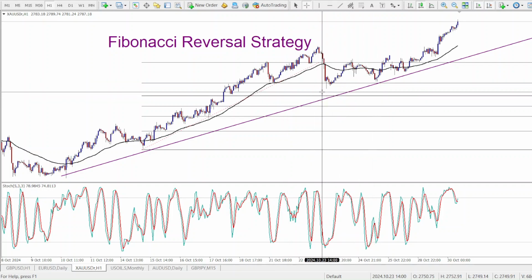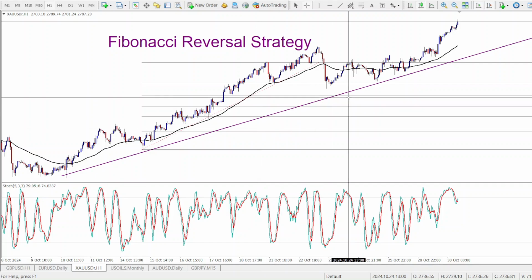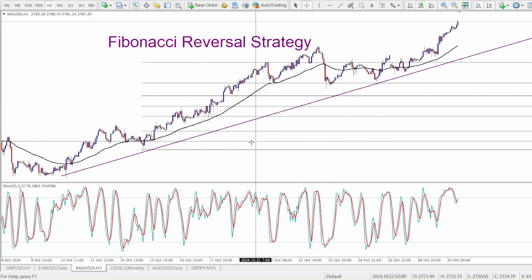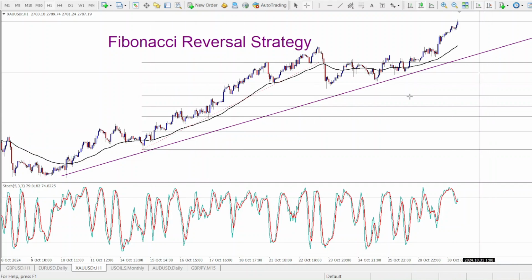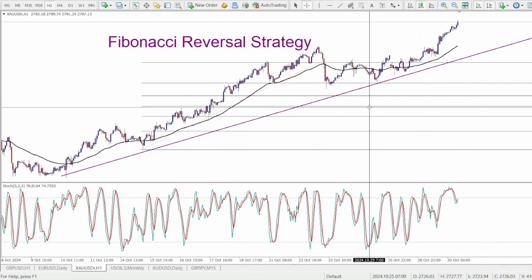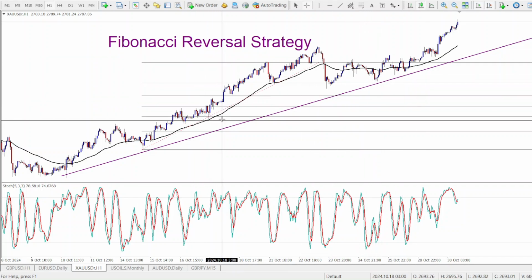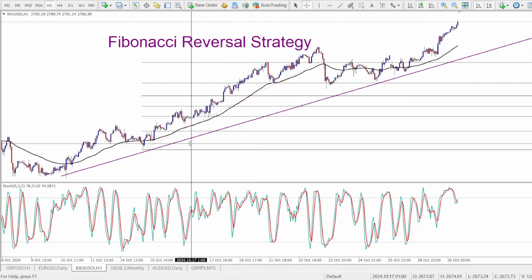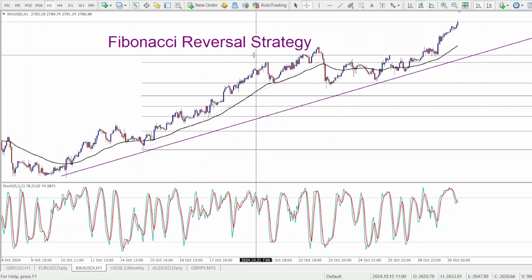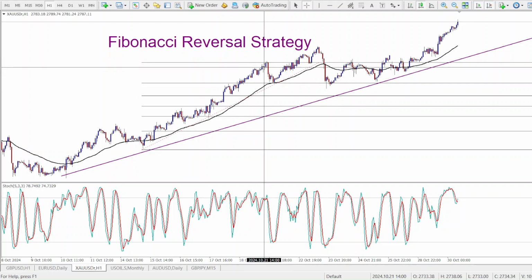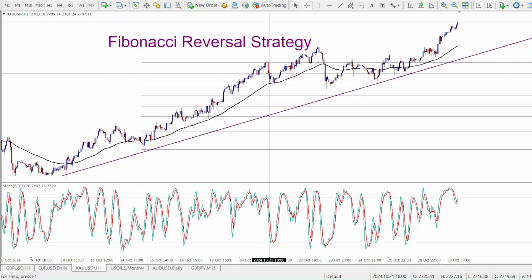First of all, you have to identify the trend. The Fibonacci works best when applied to clear uptrends like this example, or downtrends. Now you have to draw the retracement levels from the last swing low to the swing high in an uptrend, like we did here, from this swing low to the swing high. That's for an uptrend, or vice versa in a downtrend.